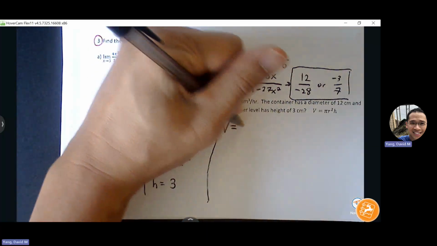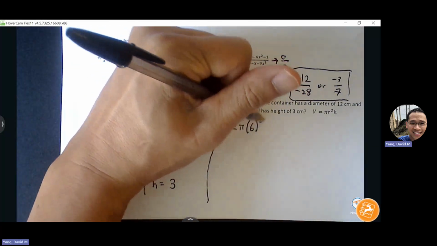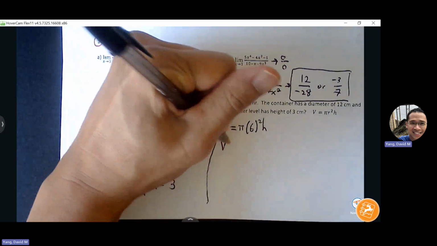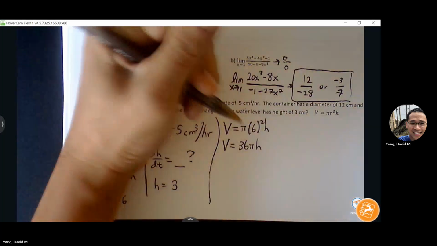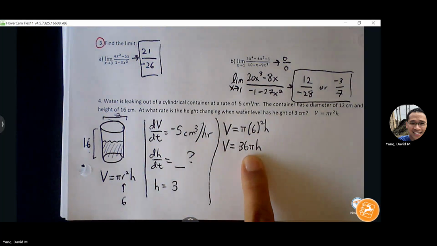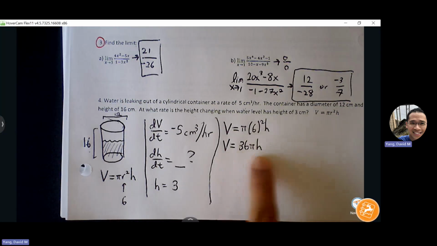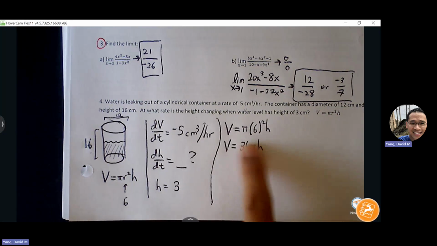So V equals pi times 6 squared times h, right? It should feel like an easier problem than cones. Okay, so I can find my derivative. There's nothing preventing me from moving forward here.